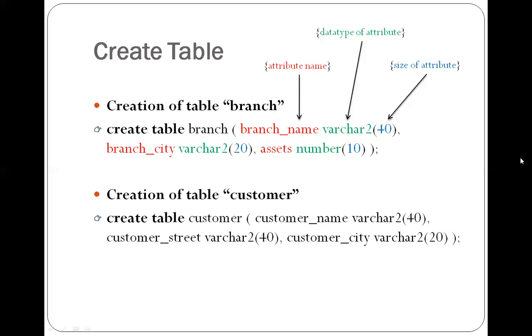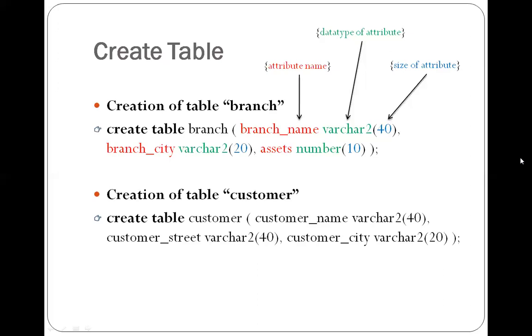as like that, to create the customer table, the query will be create table customer, space, opening bracket, attribute name customer name, space, data type varchar2, within bracket the size, here I am specifying 40.